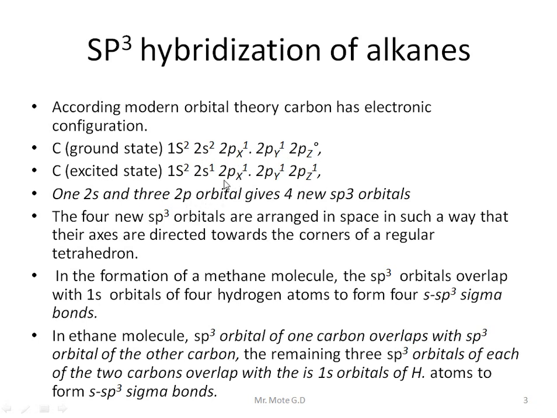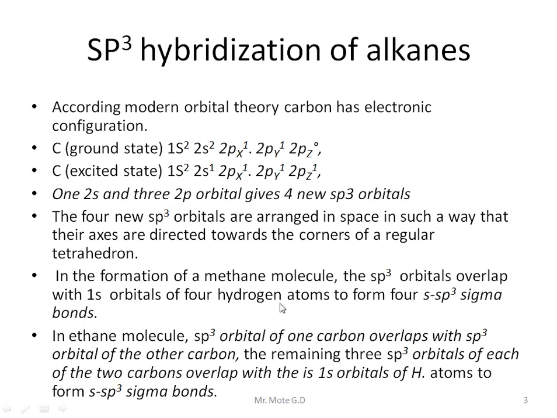Hence 4 new orbitals arise for the alkane. 1 2s and 3 2p orbitals give 4 new sp3 hybrid orbitals. These 4 new sp3 hybrid orbitals are arranged in space in such a way that their axes are directed towards the corners of a regular tetrahedron.